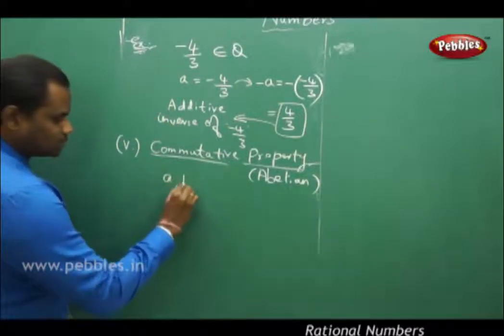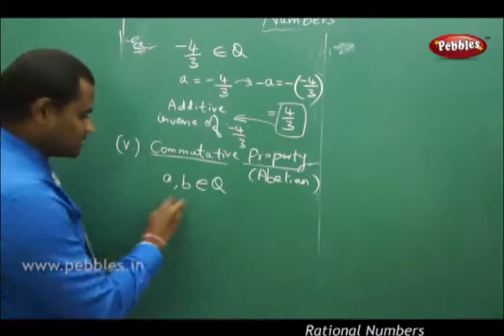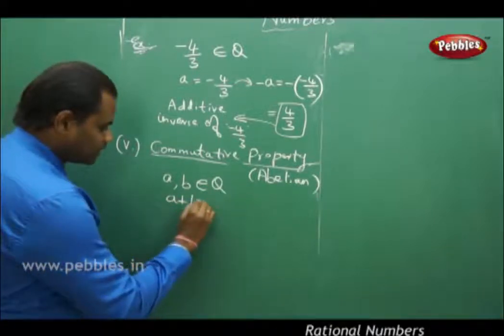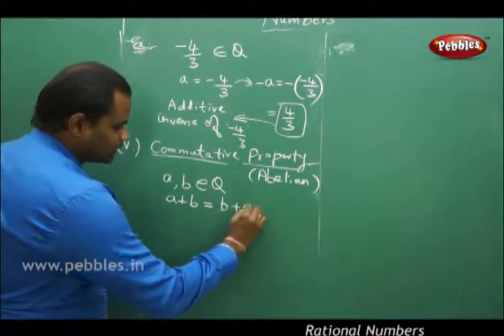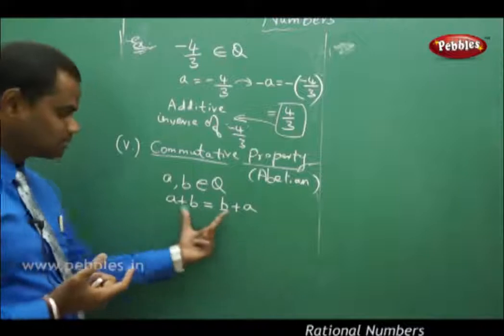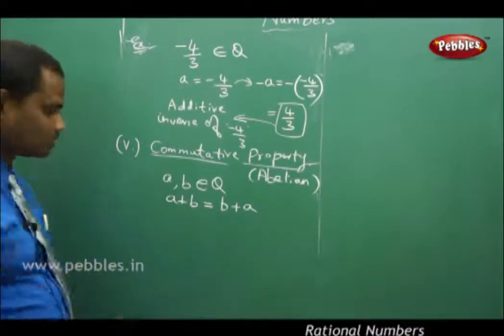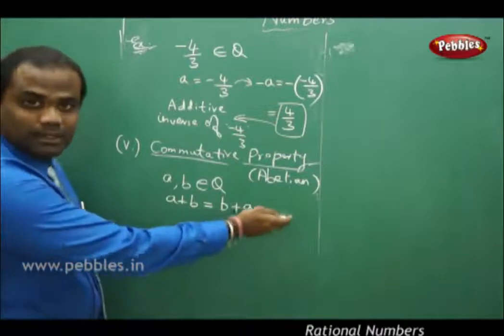Suppose I take two elements A and B belonging to Q, then the commutative property says that the sum of A and B is the sum of B and A. It doesn't matter whether the order is changed in addition, it gives back the same value. That is what is called the commutative property. So A plus B will be equal to B plus A.